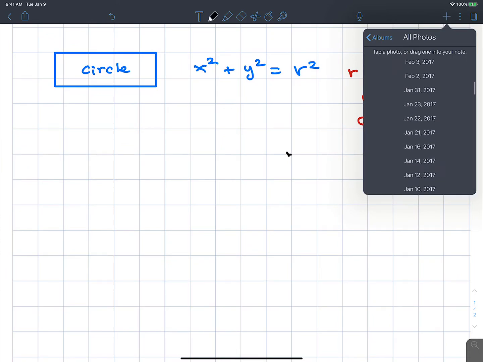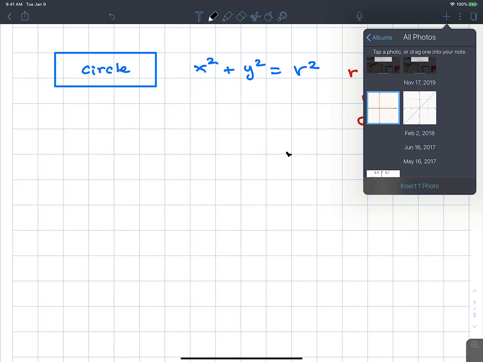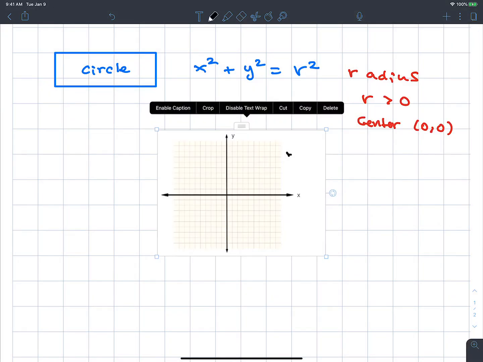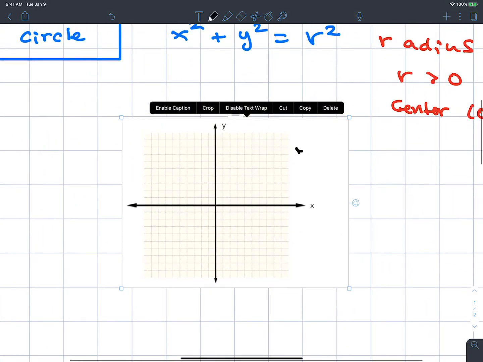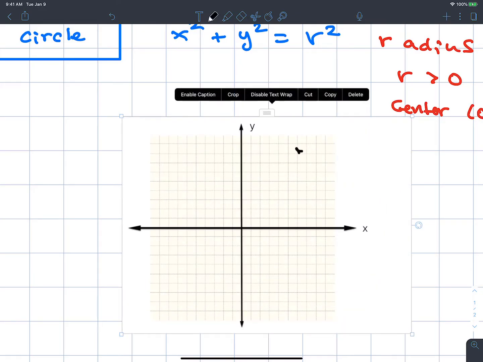I think I did have that. We can draw our own, or we can actually use this one. Thought I picked this one. That one. Insert photo. Okay. Now let's see here. Hopefully this one is okay.